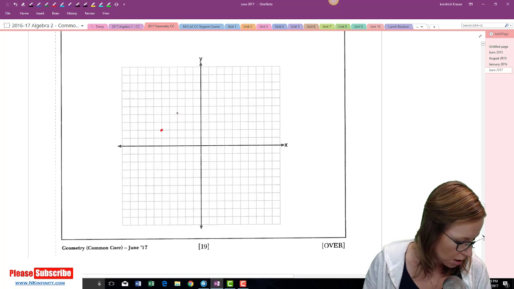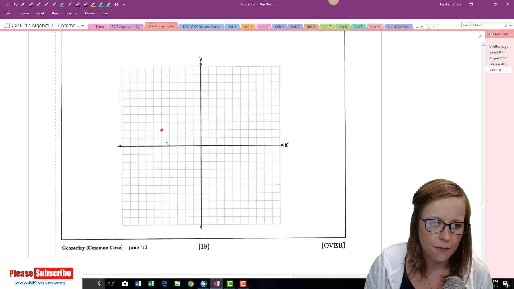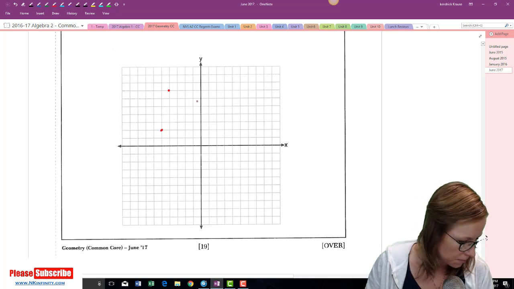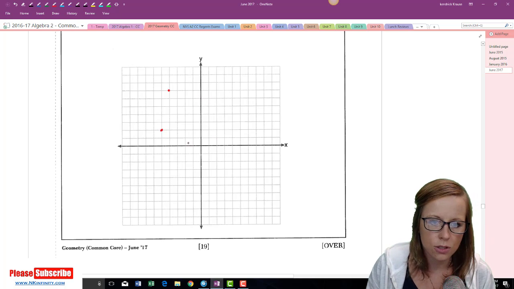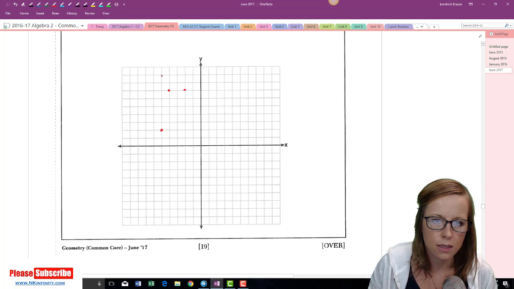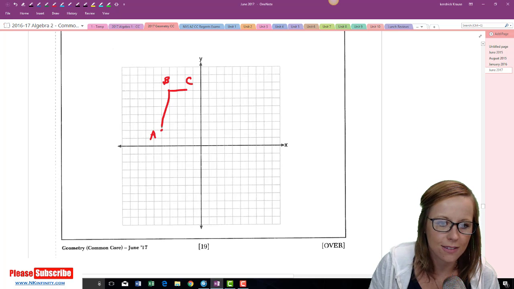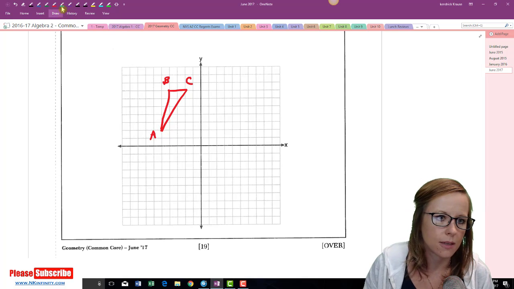Okay, there we go. B is (-4, 7). 1, 2, 3, 4, 5, 6, 7. And C is (-2, 7). So this is A, B, C. And we know how this is going to turn out in terms of my drawing, so if I try to use those lines, it's going to be a hot mess, so I'm not even going to try.